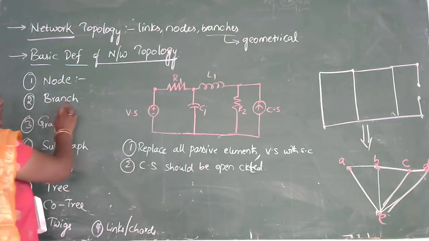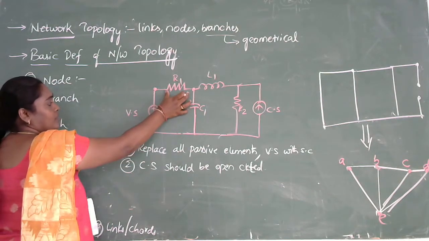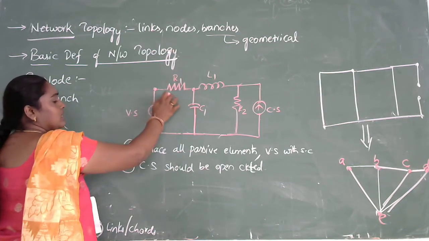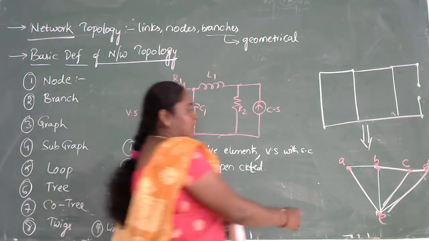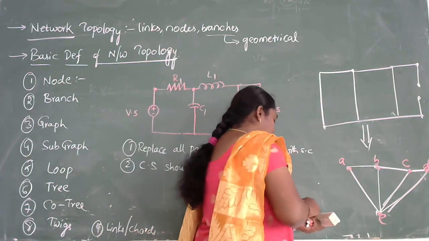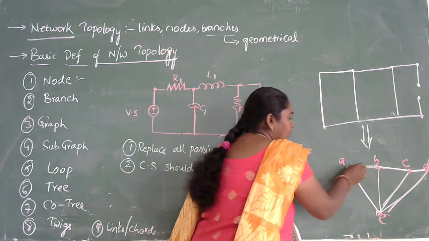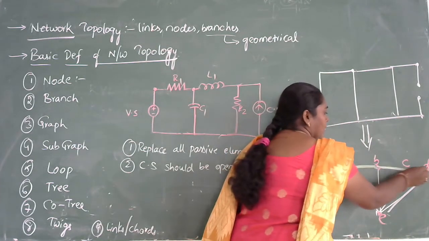What is meant by a branch is whatever element we have in a circuit, we call it a resistor. So this resistor is one branch in graph theory. The line segment which is joining between the nodes is called a branch.